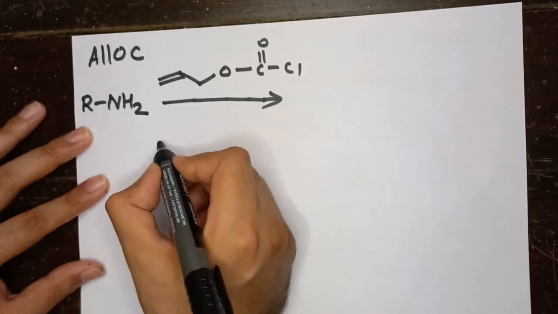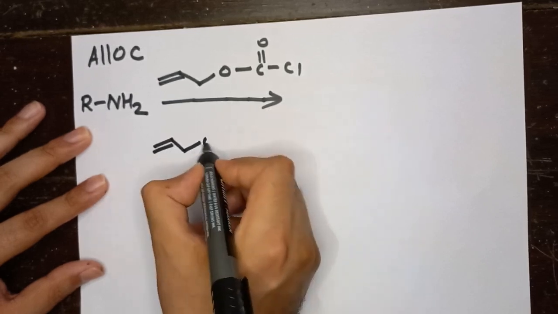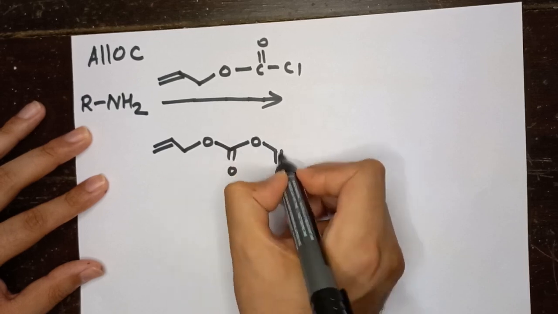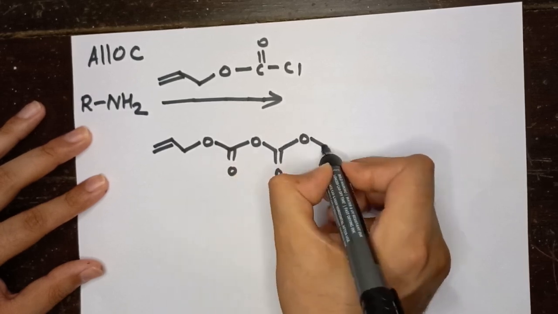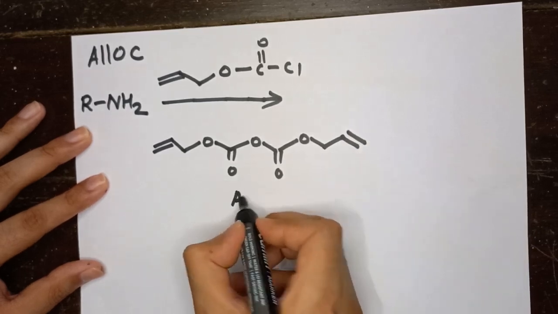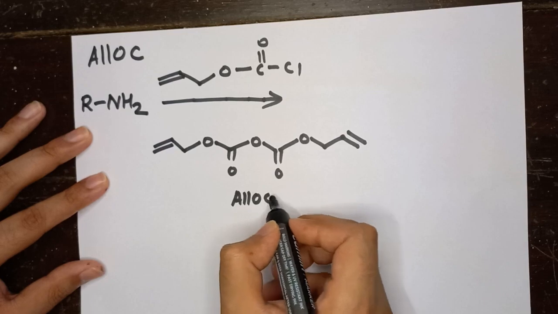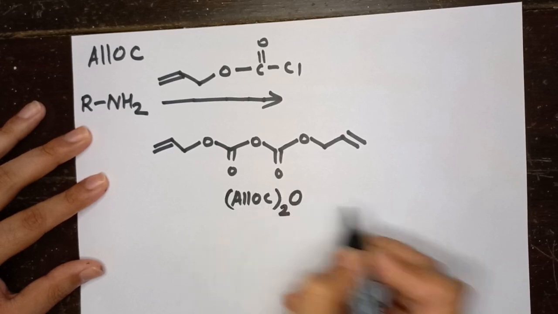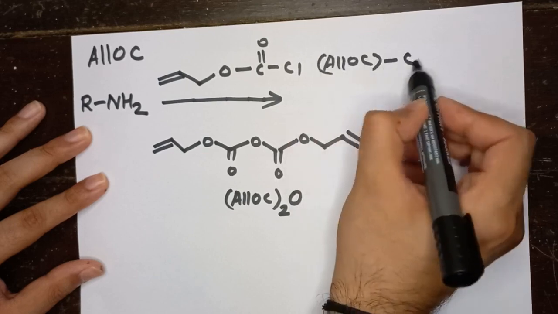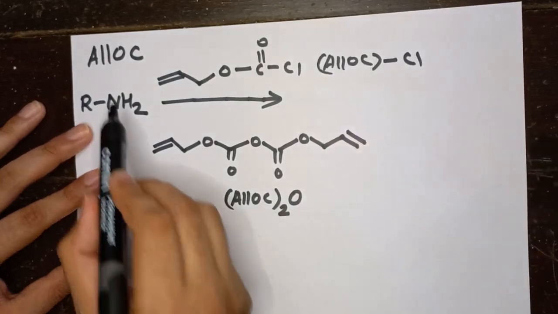I can also write it as C double bond O, O, C double bond O, O. This will be alloc anhydride, and this is alloc chloride. So the mechanism is similar.